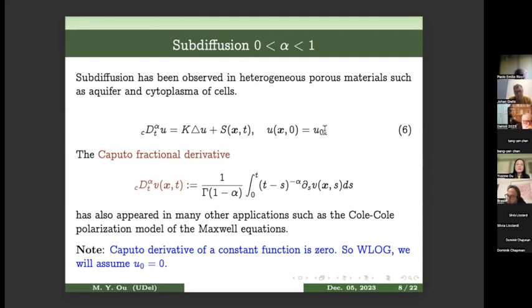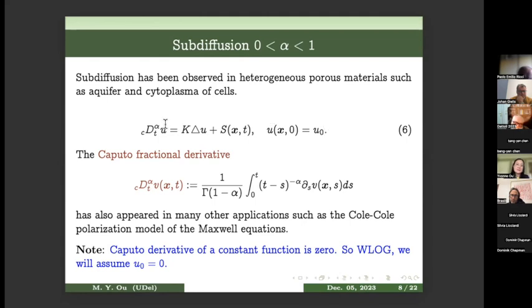Why? Well, the good thing is the Caputo derivative of a constant function, constant with respect to time, is 0. But this is not the case for others like Riemann-Liouville. The Riemann-Liouville derivative of a constant function is not 0, so it creates some problems in regularity. But for Caputo, the derivative of a constant is 0.